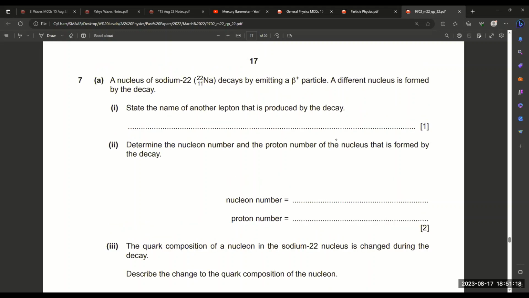So this is a question from Feb March 22, paper 2, variant 2, right?